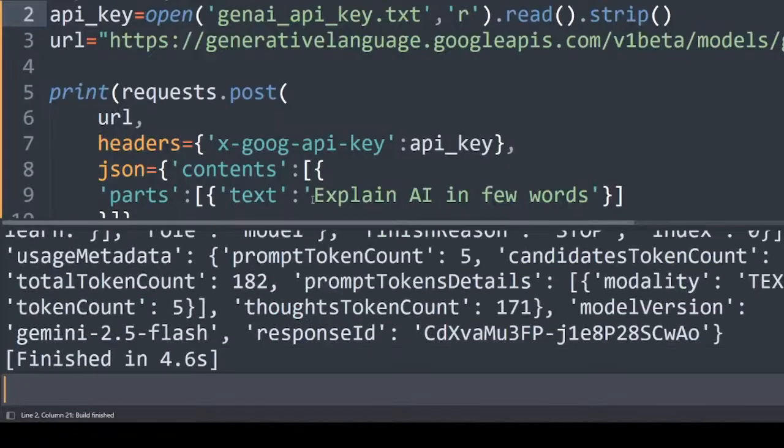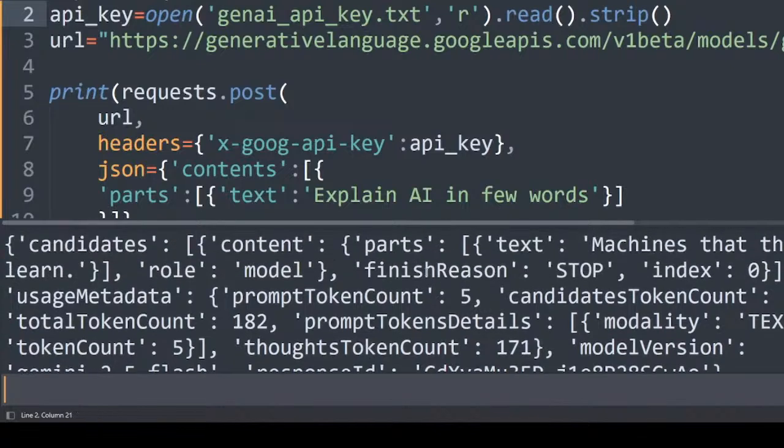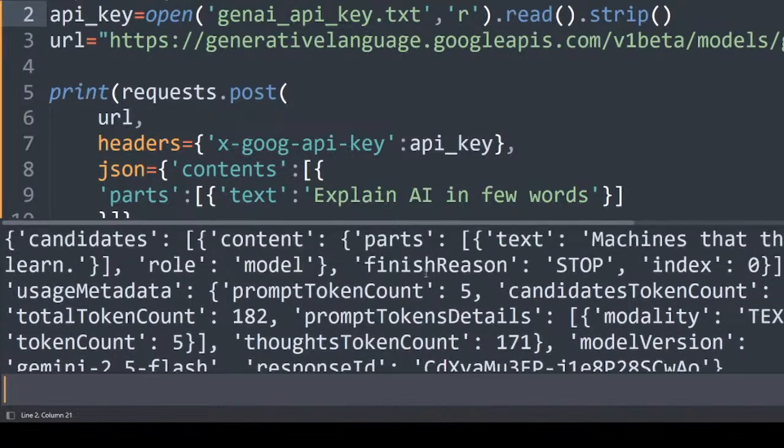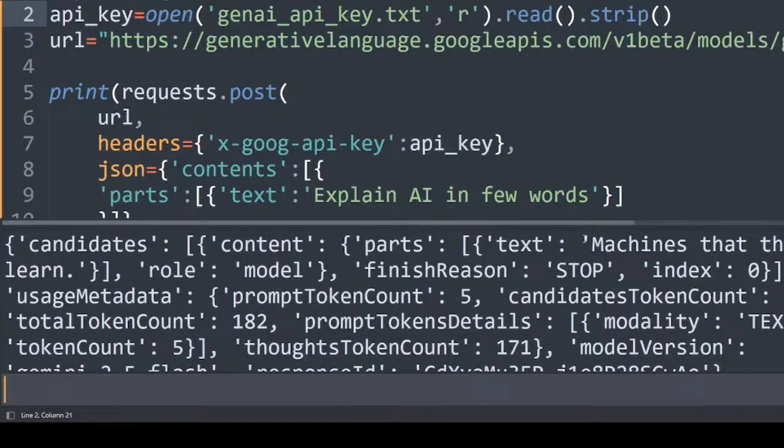Perfect, we have generated what we are looking for. The response which we got is, machines start to think and learn. So it's definitely machine learning, and this kind of API gives a boost to your machine learning. That's what we call artificial intelligence.